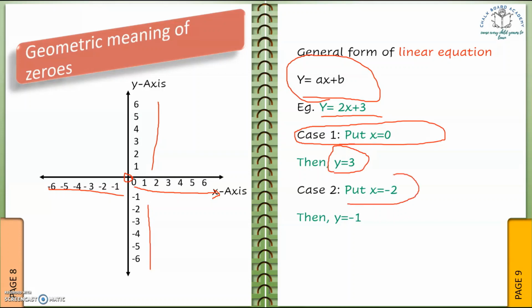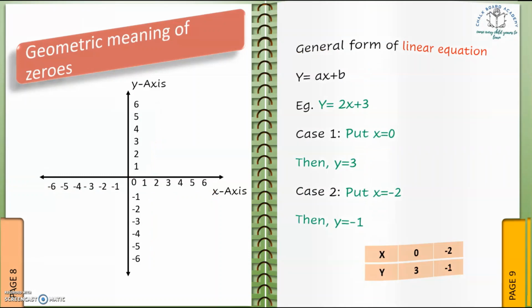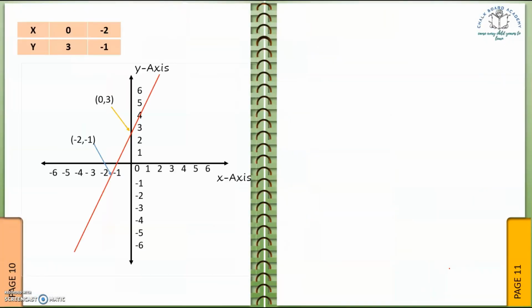Then we have put the value of x is equal to minus 2, and then we got the answer as minus 1. So we have made the table for this, and then here you can see x is equal to 0, so we get the answer as 3. Then we put x is equal to minus 2 and we got the answer as minus 1. Now we are going to plot this on the graph.